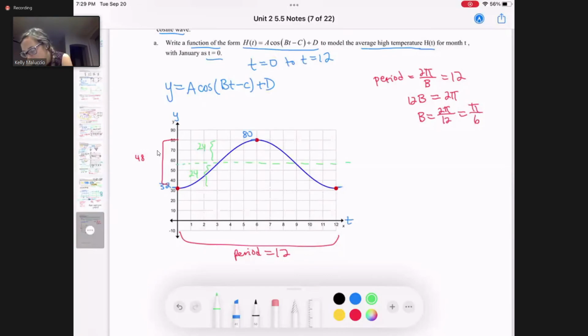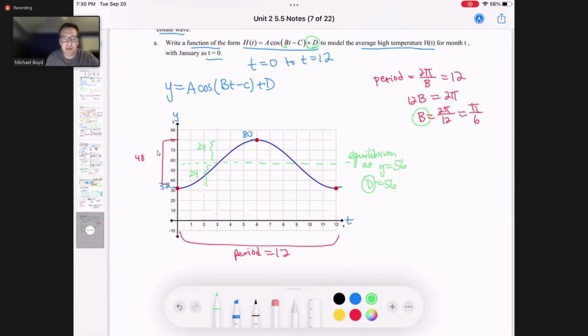This is looking at the vertical scaling. So our equilibrium is at 56. And the equilibrium is the vertical shift. So in this case, we are shifted up 56, and our D is going to be 56. So we found B, we found D. We need to now find if there's any A or C, right?